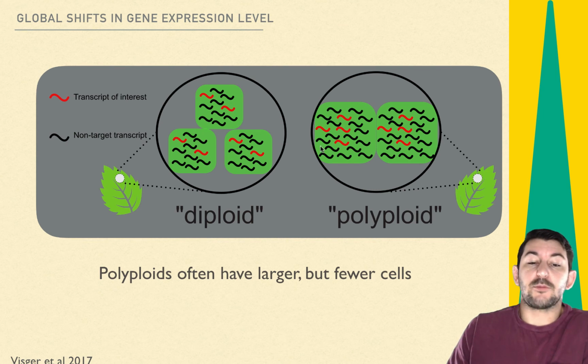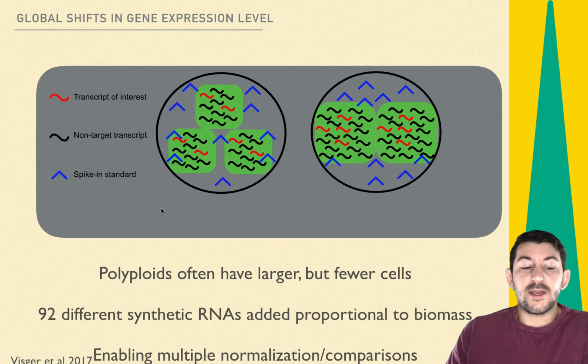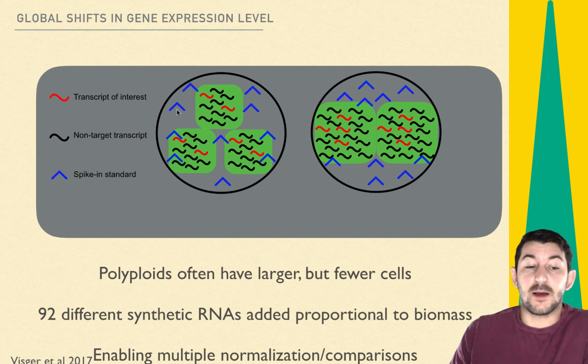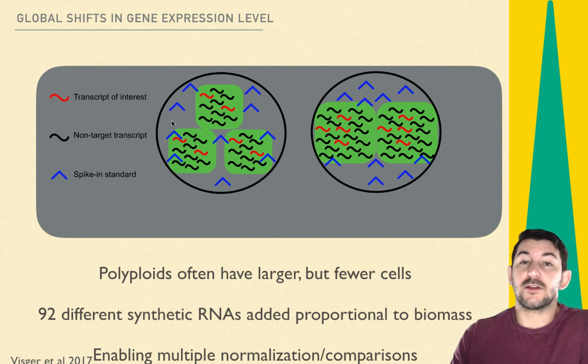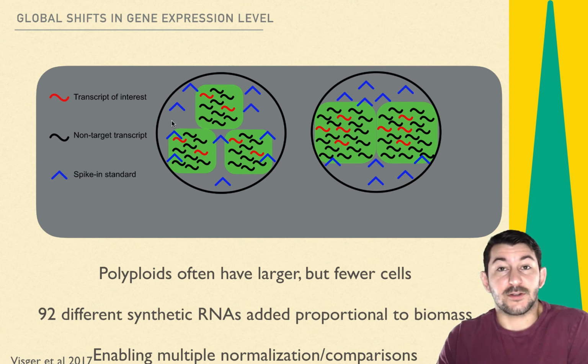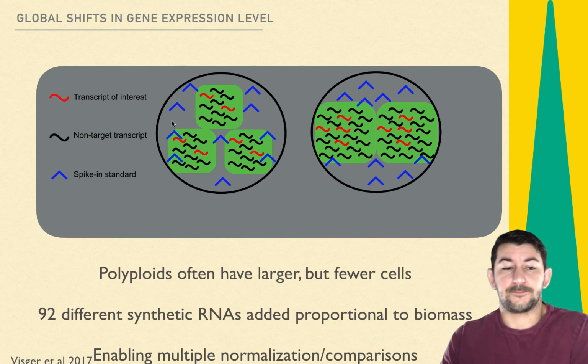We've got polyploids that have larger but fewer cells that also produce more total RNA relative to their diploids. So we could spike our total RNA that we extract from both of these samples with the same number of these triangles, or spike-in standards. And this will enable us to do a lot of different normalizations. There's no reason to do just one.